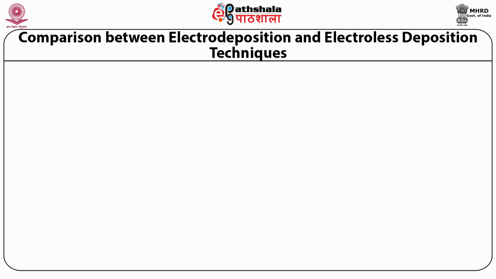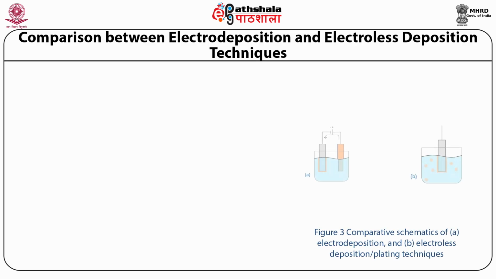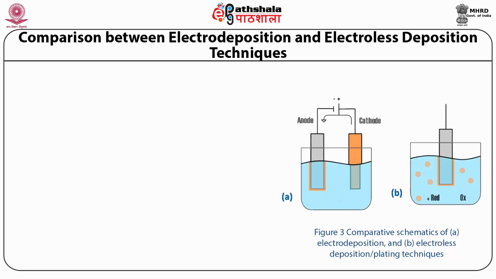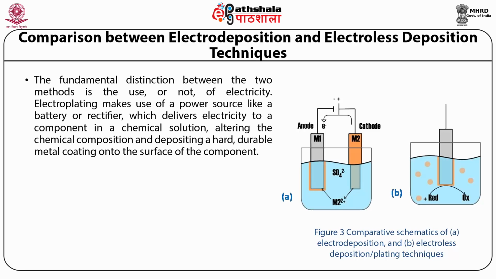Let us next discuss the comparison between electrodeposition and electroless deposition techniques. The comparative schematic of both electro and electroless deposition techniques has been included in Figure 3. The fundamental distinction between the two methods is the use or not of electricity.